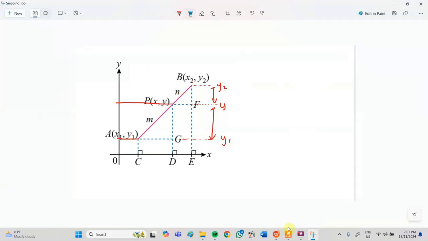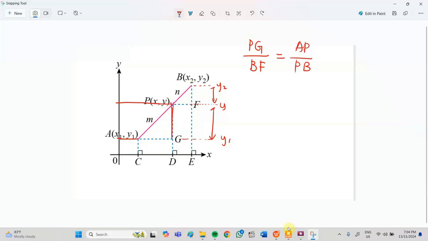Hence, if we take the height from here to here, this height and this height are the same thing, using the points P and G. So the height of PG over the height of BF, using point B and point F, is proportional to the length of the line AP over the line PB.